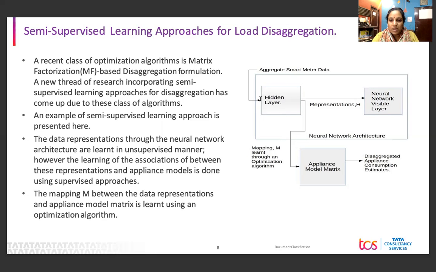The appliance model matrix can consist of information such as the typical on-off instances of each appliance, which can then be used to identify the existence of an appliance in the smart meter data. However, appliance reconstruction is also an important aspect of load disaggregation because it helps with consumption estimates for each appliance.